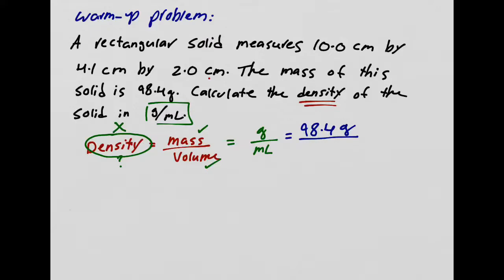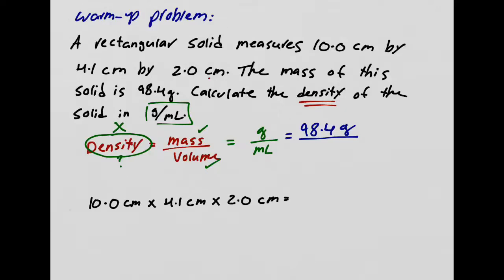The volume is not directly given to you, but they give you the dimensions. If they give you the dimensions, can you figure out the volume? Yes, you can. The dimensions are 10.0 centimeter times 4.1 centimeter times 2.0 centimeter.